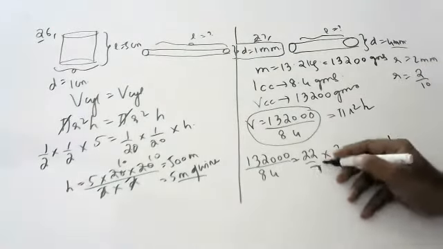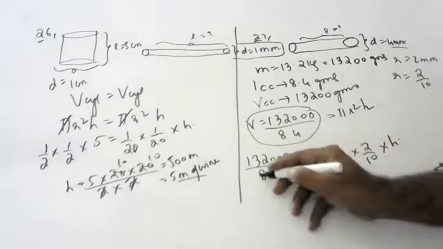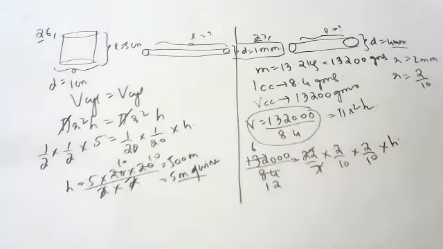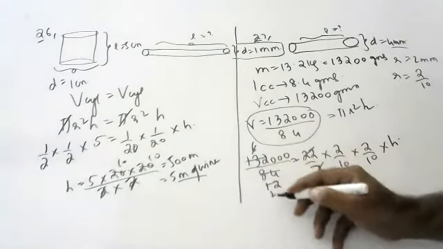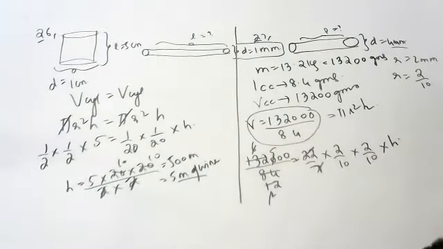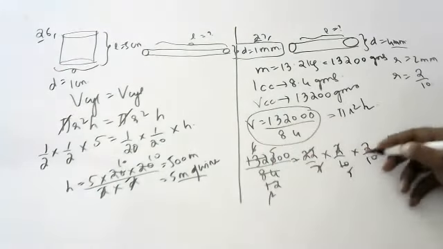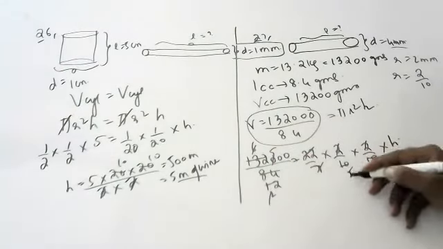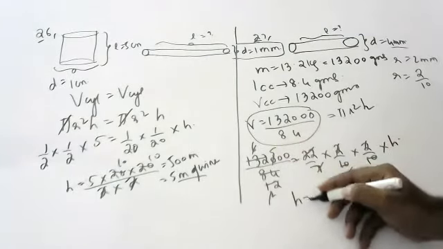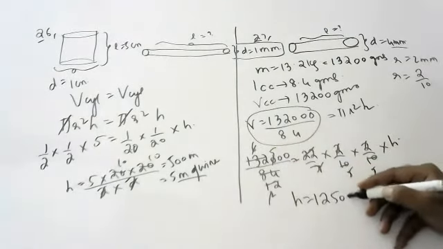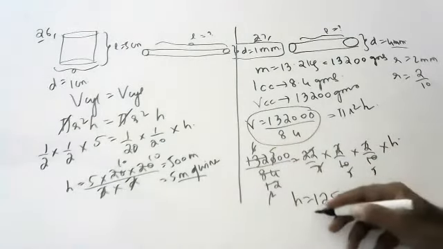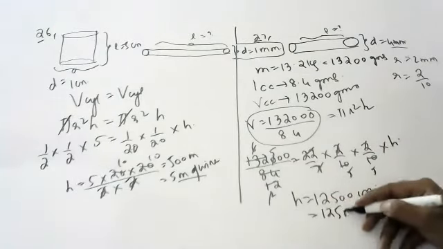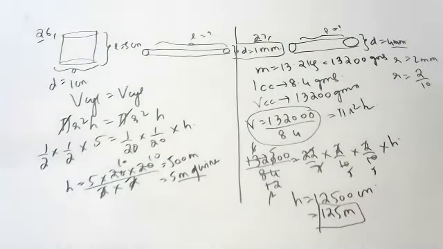Okay, so 7, 10 and 10 will go up. 7 2s are 14. So 22, 6 2s are 12, 5 2s are 10, 5 5s are 25, 25 5s are 125. 125 centimeters. If you convert it to meters, 125 meters of copper wire.